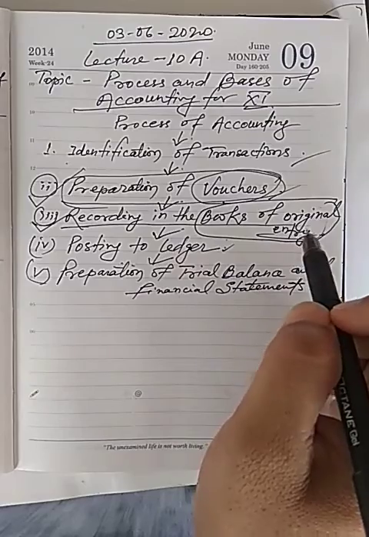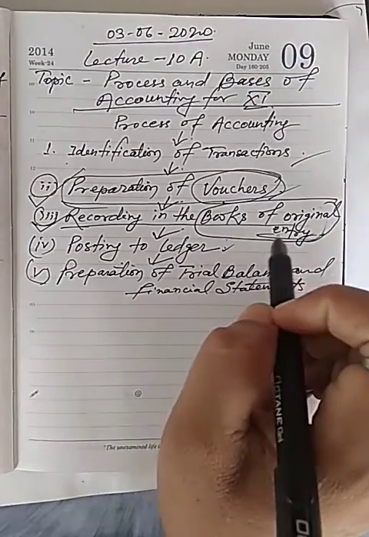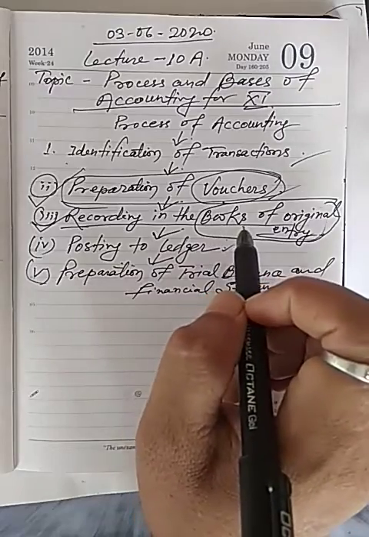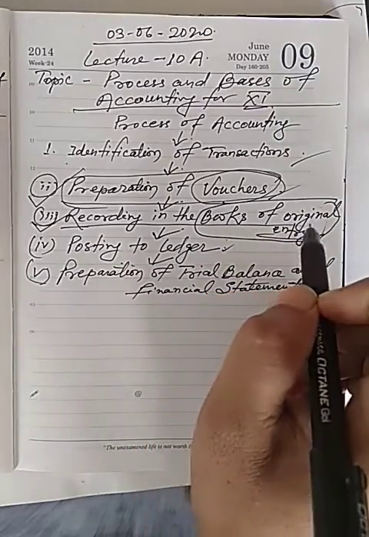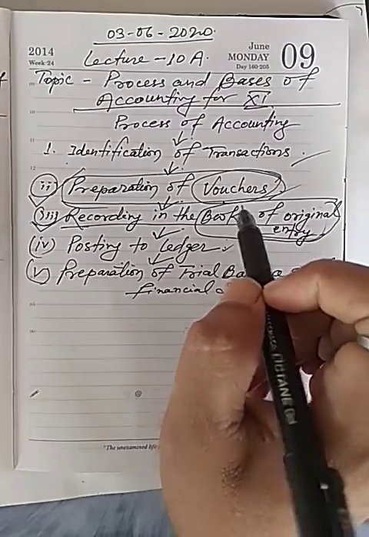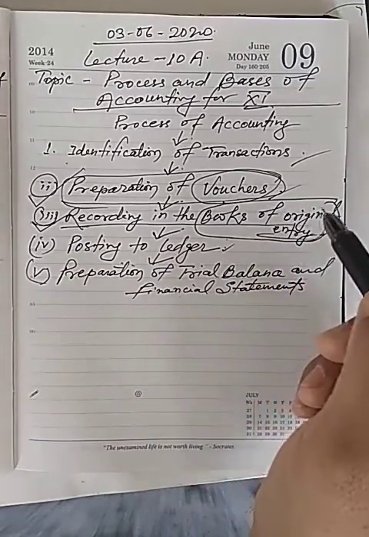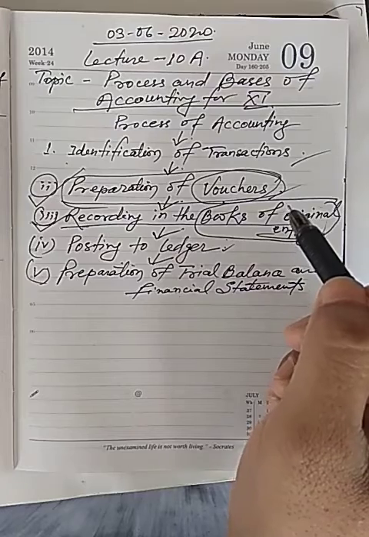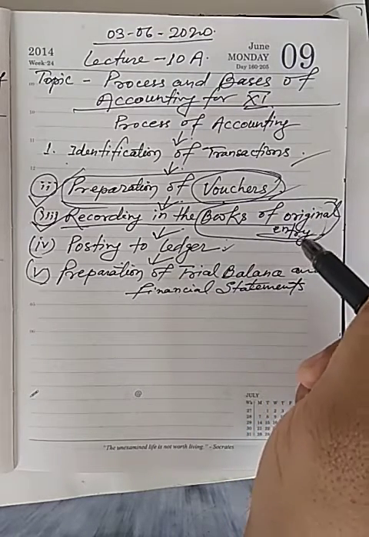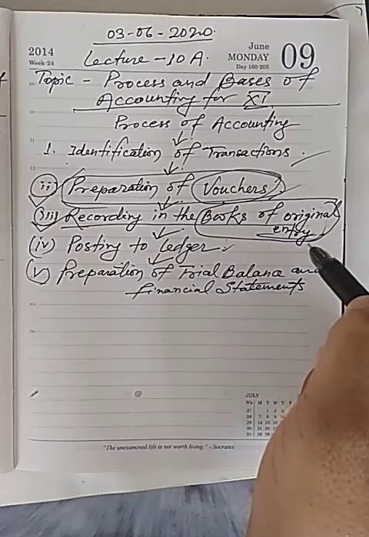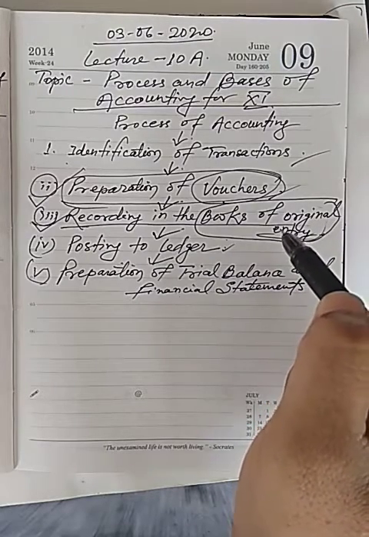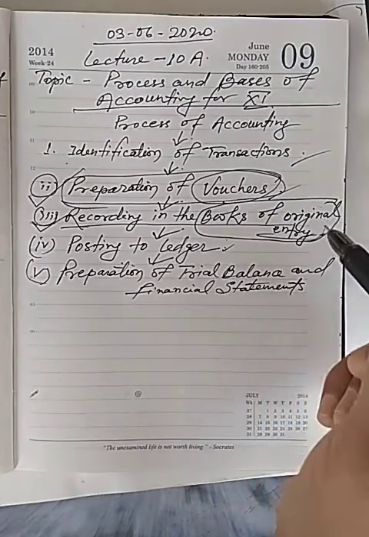It may be possible to record all transactions in the journal, but when the size of business grows and the number of transactions is very large, journal is subdivided into a number of books called subjournal or a special journal.